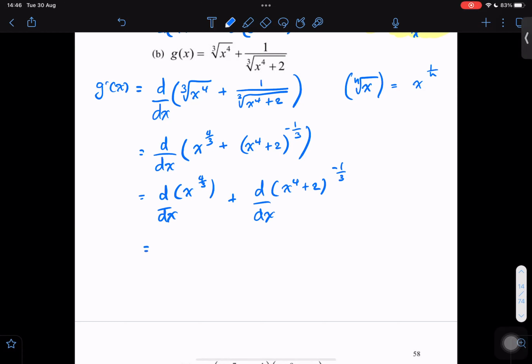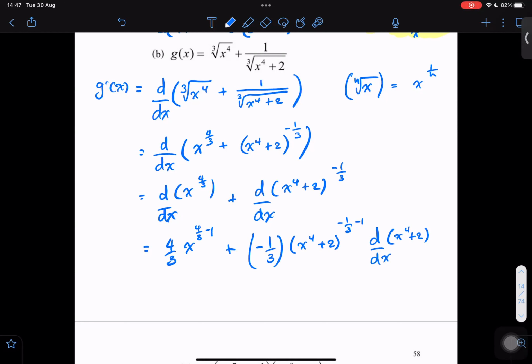Okay. And d of x to the 4 over 3 will become 4 over 3 x to the 4 over 3 minus 1, and minus 1 over 3, and x to the 4 plus 2 minus 1 over 3 minus 1.